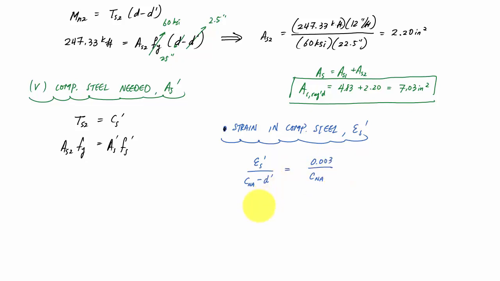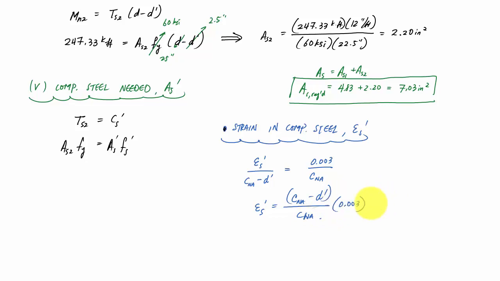Okay, and then here epsilon s prime would be, let me write it better. Normally we write it like this. We write it as CNA minus d prime over CNA times 0.003.